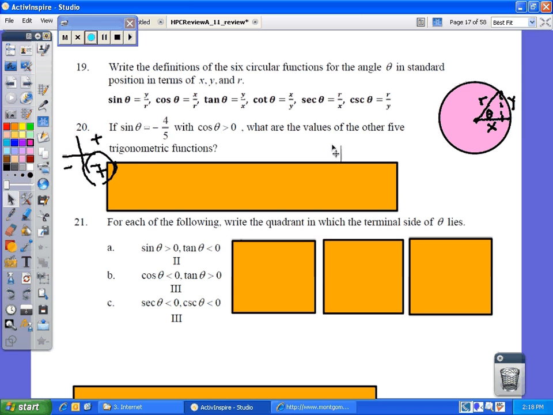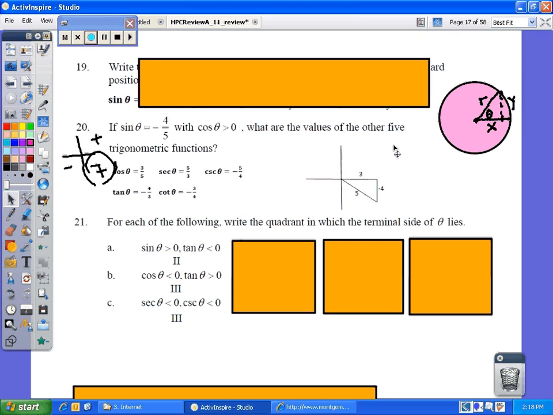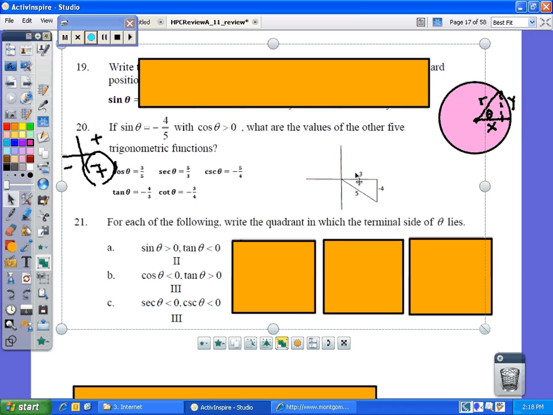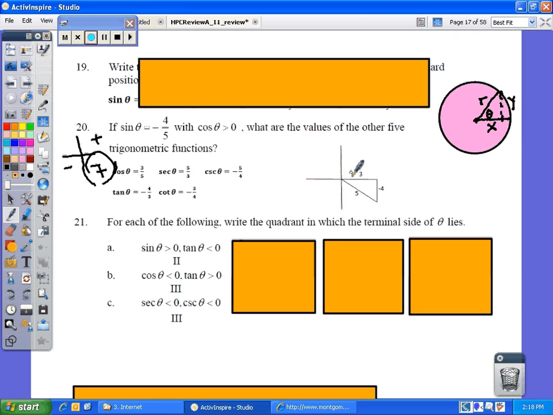So I want to create a triangle in the 4th quadrant. And using my given information that the sine is -4/5, here's my reference angle. This is the opposite, this is the hypotenuse. This is my y, this is my r.